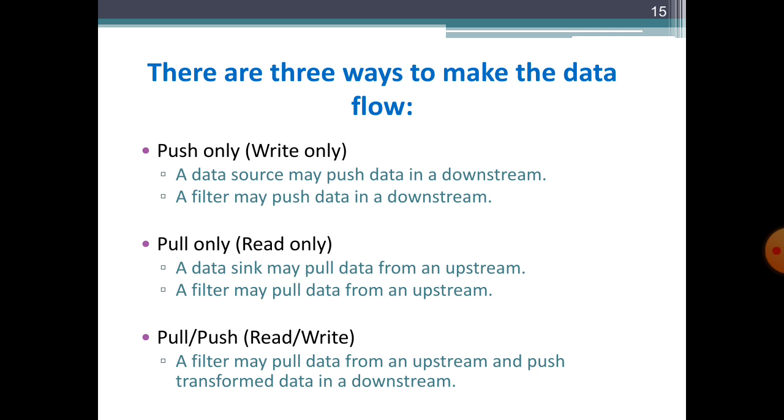There are three ways to make the data flow: push only, which we call write only as well; pull only, which we also call read only; and push and pull, or pull and push, which we call read over write as well. In push, a data source may push data downstream, so a filter may push data downstream. What is a filter? We discussed it in the structure on the previous slide.